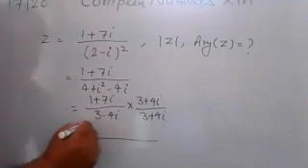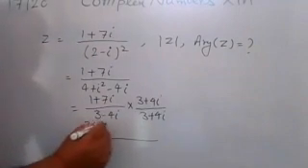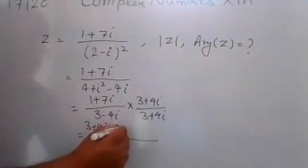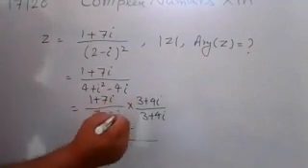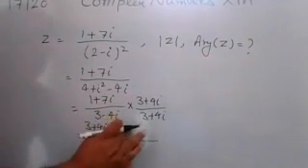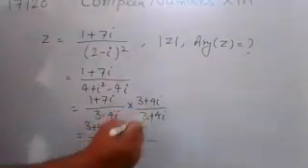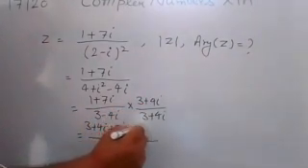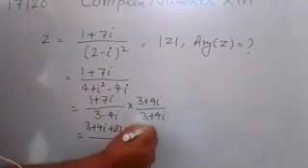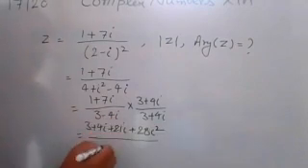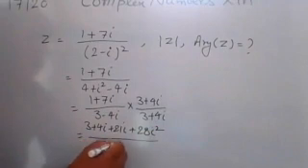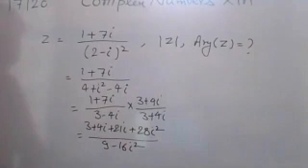In the numerator part, so 3 plus 4i plus 21i square and 21i plus 28i square, and in the denominator you have 9 minus 16i square. Okay, now simplifying.